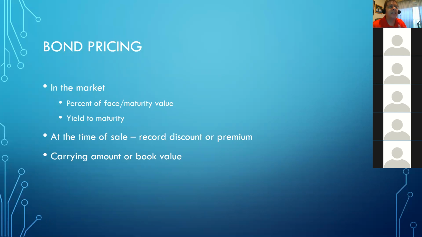Whatever value that is compared to the face value, the difference is either a discount or premium. We'll look at an example of that bond and how that would play out when we get to our Excel spreadsheet.